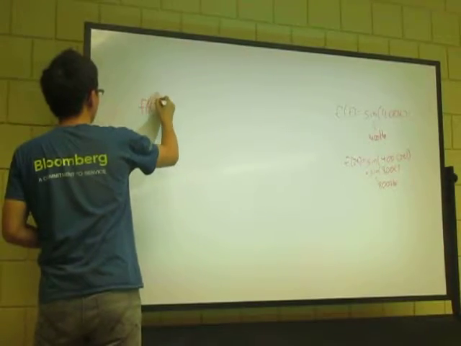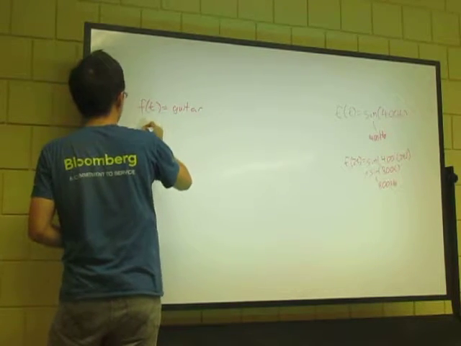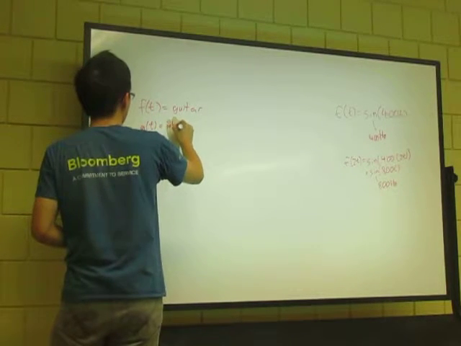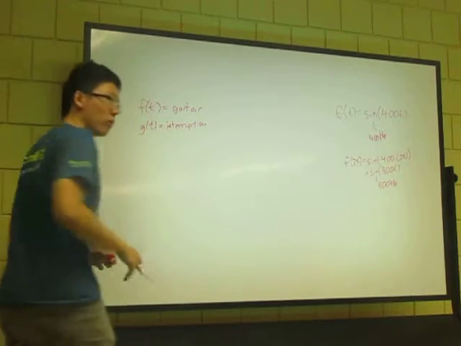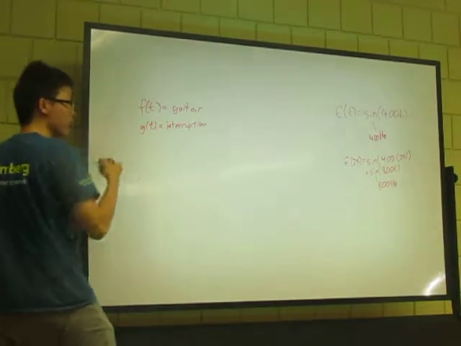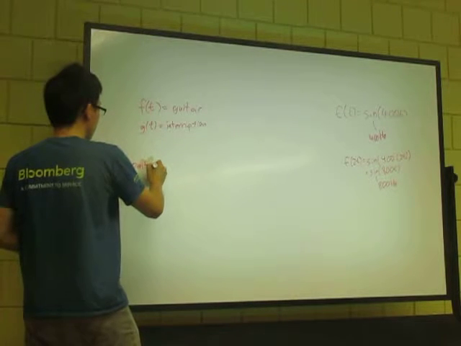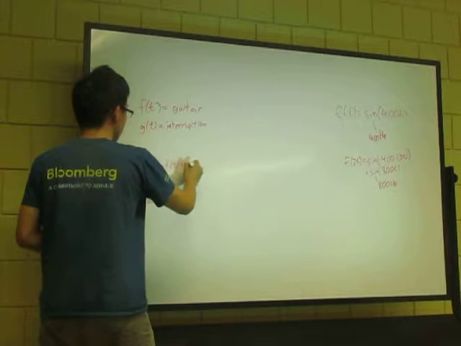So if I have F of t, which is the guitar, and then G of t, which is this interruption, then when I'm recording, the recording gets them combined, which is equal to F of t plus G of t.